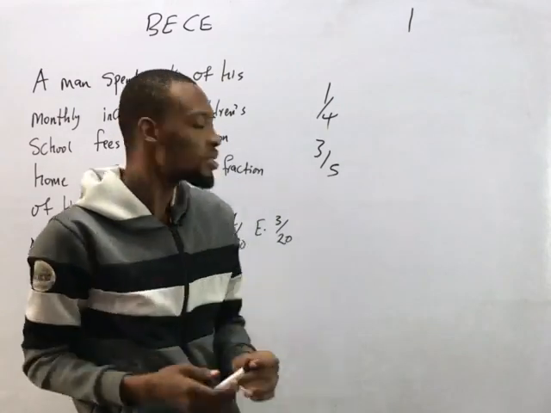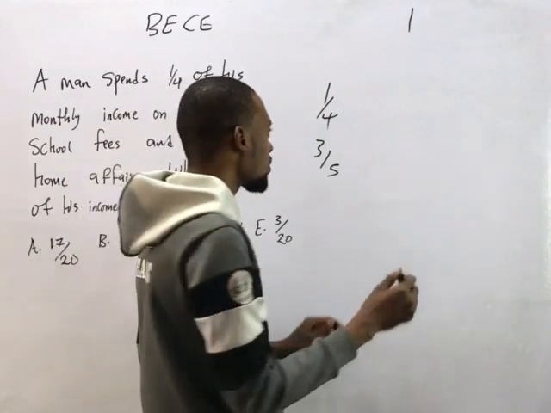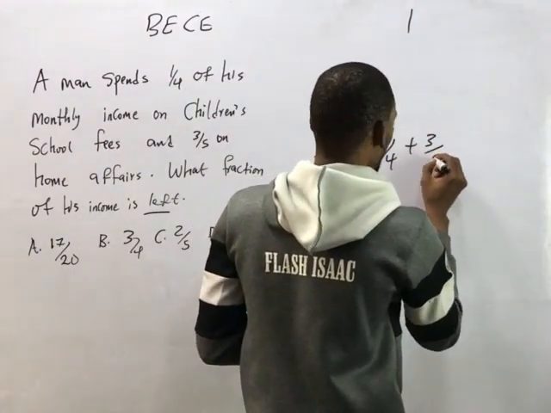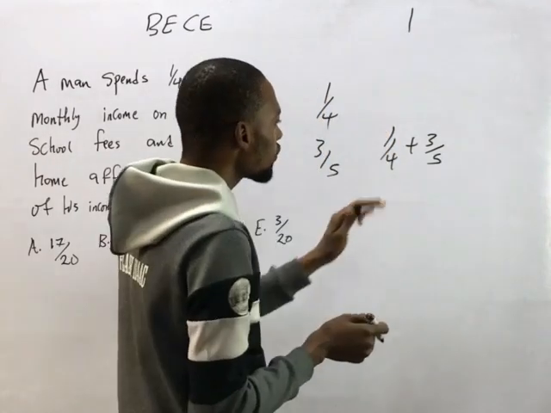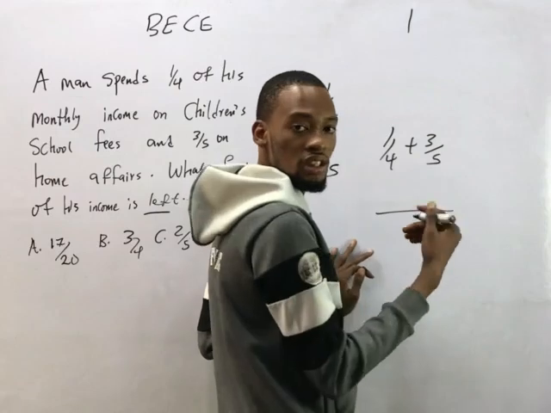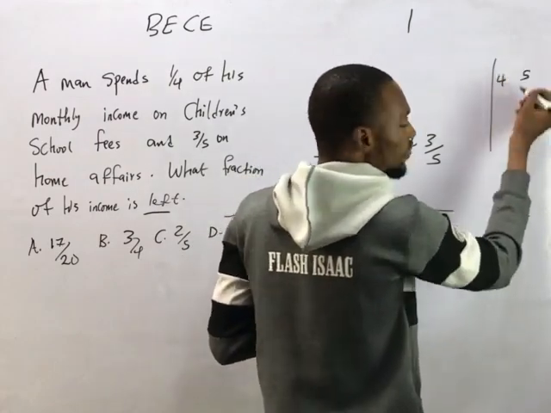Is that okay? So the amount he spent, or the fraction of the money he spent, is 1/4 plus 3/5. We look for the LCM. The LCM of 4 and 5 is 20. So if you don't know how to look for LCM, this is 4, this is 5.